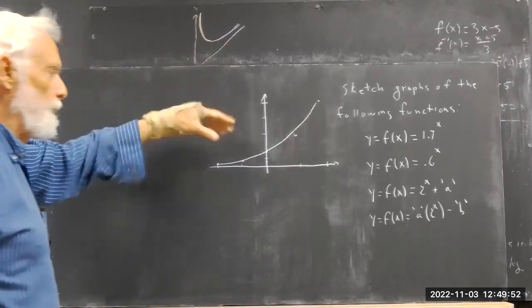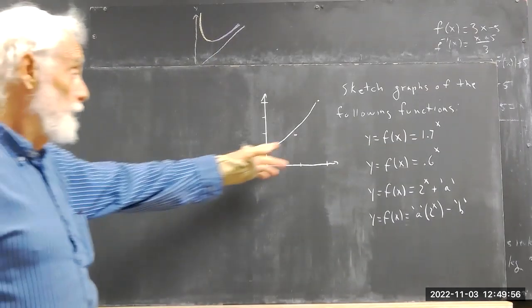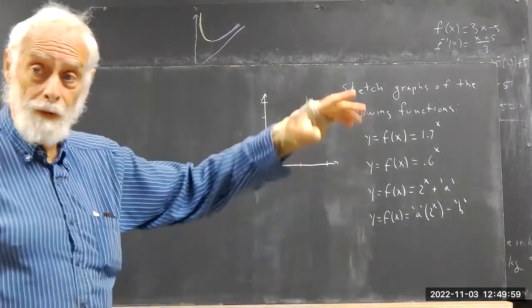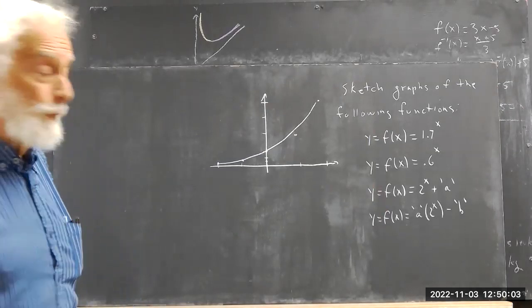Oh, I kind of missed some of my points, but you get the idea. That's the shape of any exponential function if it doesn't have a vertical shift. Always.